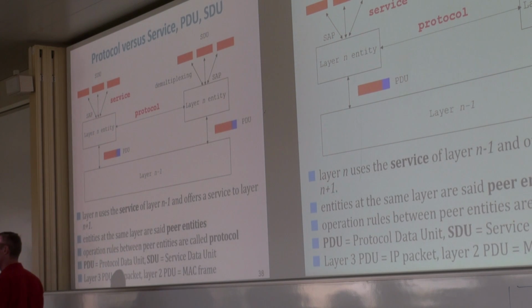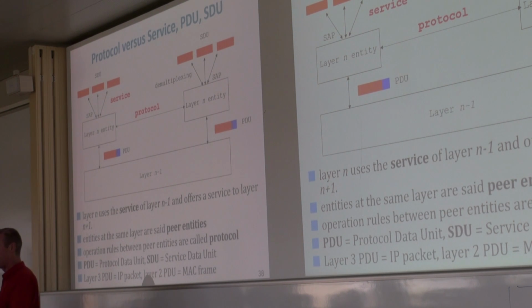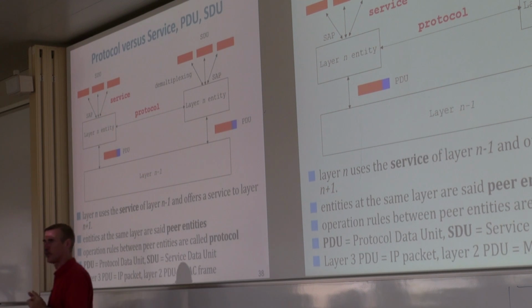The rules of the game between two peer entities that are at the same layer is called a protocol. So a protocol is the interaction between two things that claim to be running IP, or between two things that claim to be doing TCP. Each of them is a different protocol.